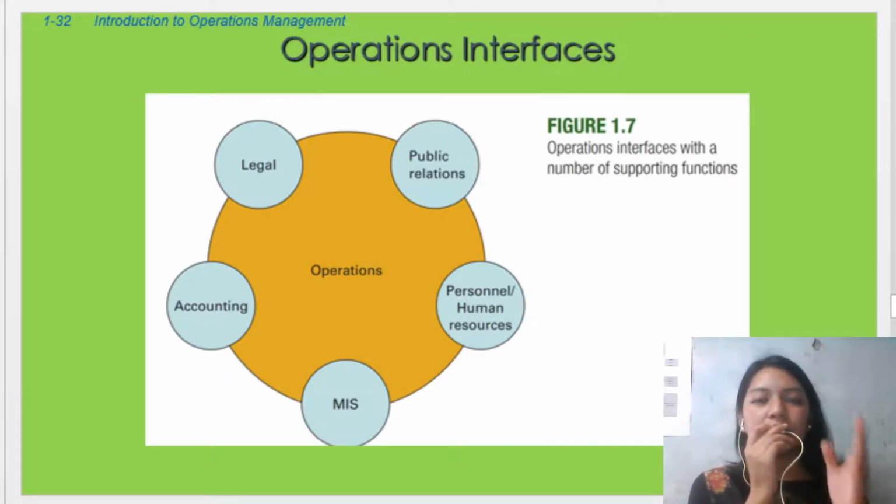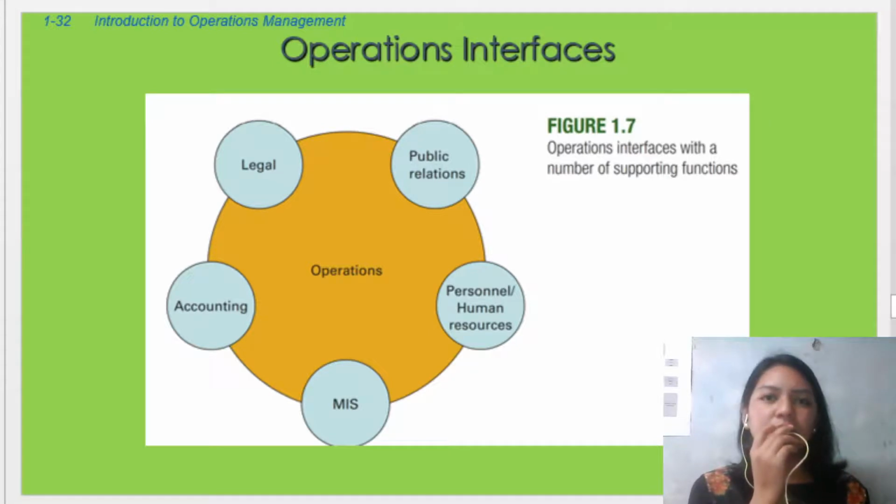They are responsible for selecting qualified employees for the business, such as qualified factory workers and operations managers. They are also responsible for the wages and salary of the employees, taking care of the employees, and keeping them safe.